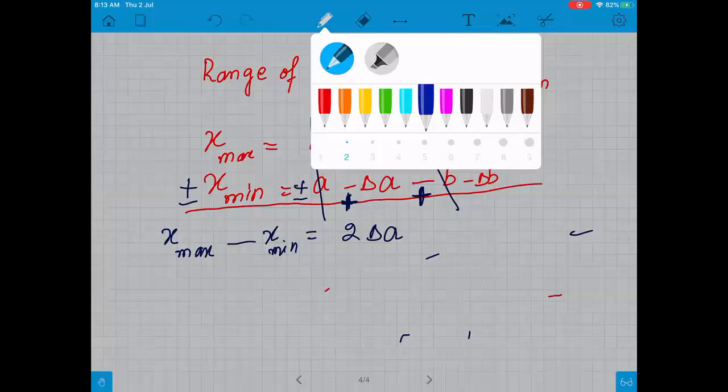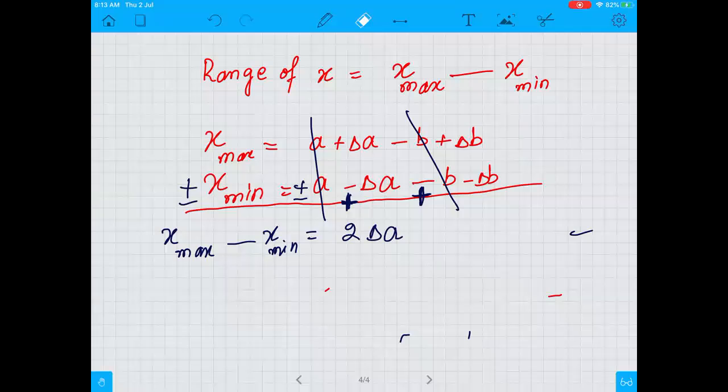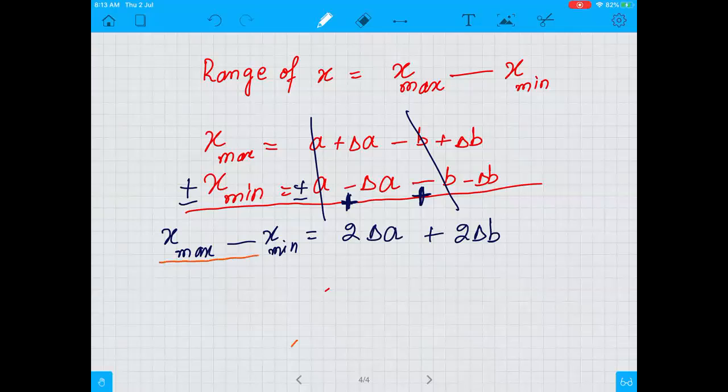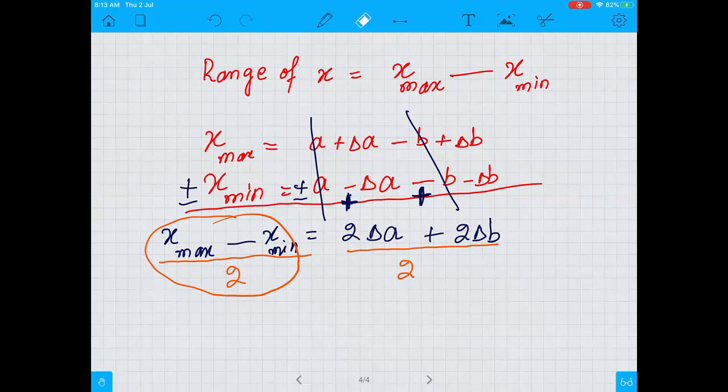plus 2 times delta b. Now you see half of the range is obviously random uncertainty. If we divide both sides by 2, then the left side, as you see, is half of the range of the data, and half of the range of data is actually the random uncertainty.